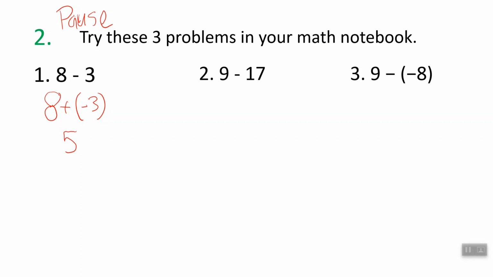Okay, how about 9 minus 17? So 9 minus 17, we can also say 9 plus a negative 17. Okay, so 9 plus negative 17, the difference is a negative 8.